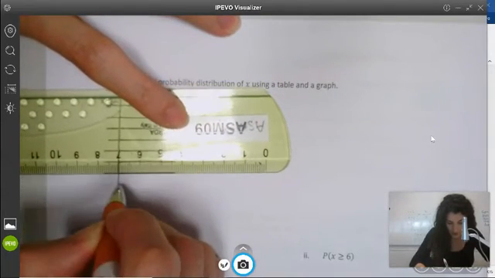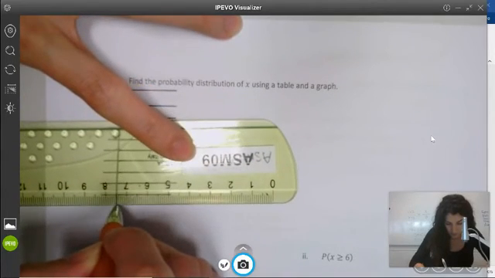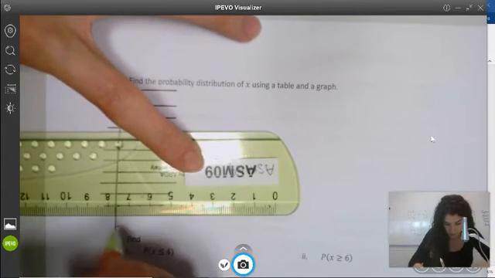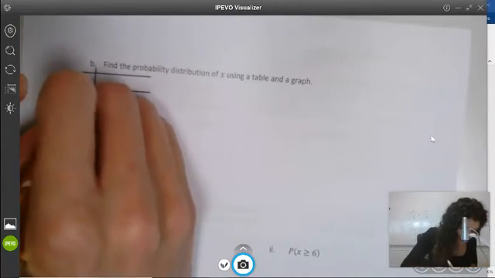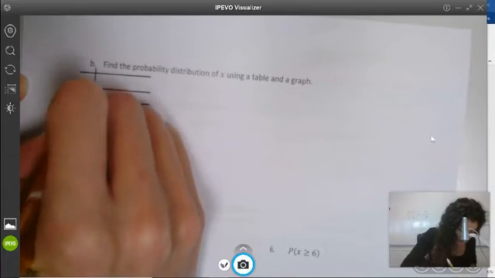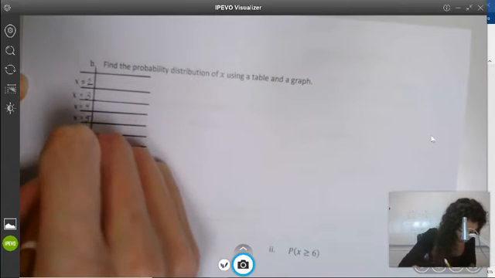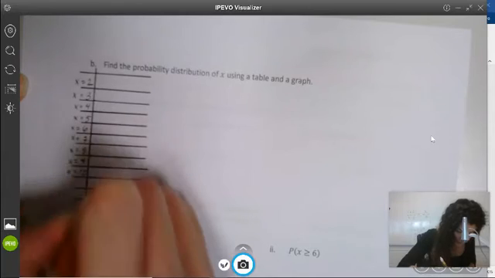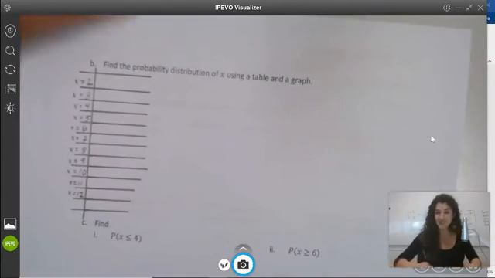Thank you for bearing with me. X equals 3, X equals 4, X equals 5, X equals 6, 7, 8, 9, 10. Wow, for being mathematical, I definitely didn't do it right.